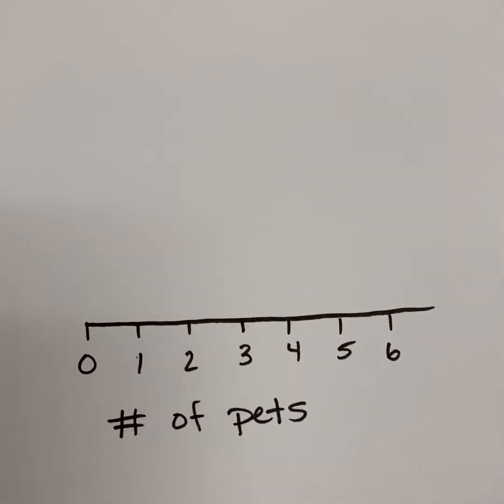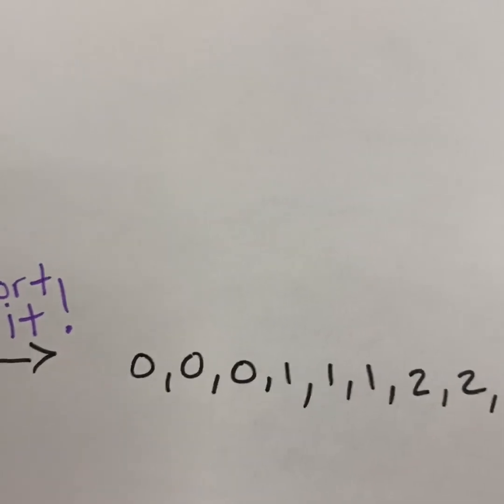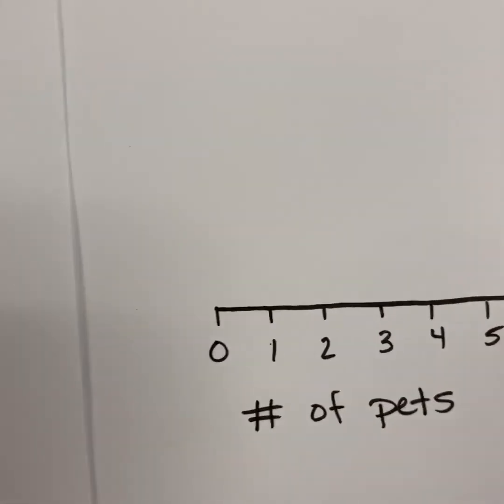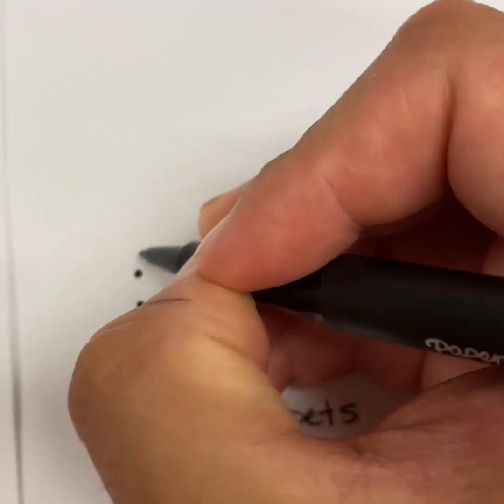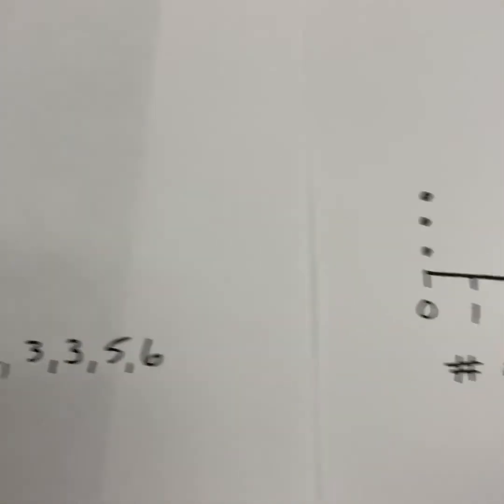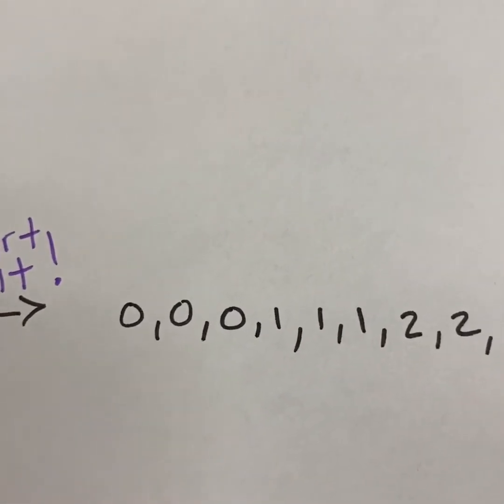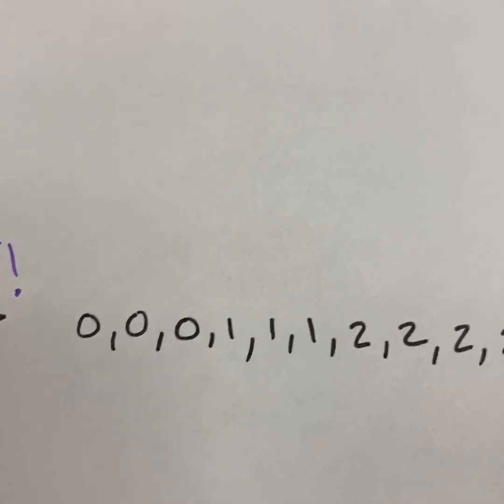So we're going to put a dot for each response. We had 3 people who said they had no pets. So let's go ahead and mark that down. 1, 2, 3. 3 dots represent my 3 zeros, or my 3 responses of people who said they had no pets. And we're going to continue that.